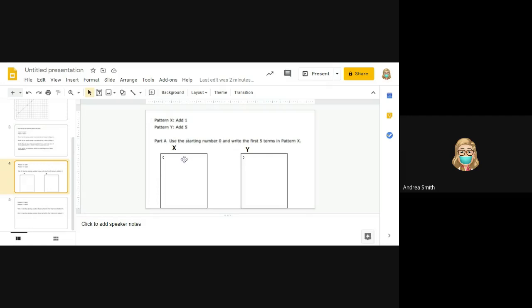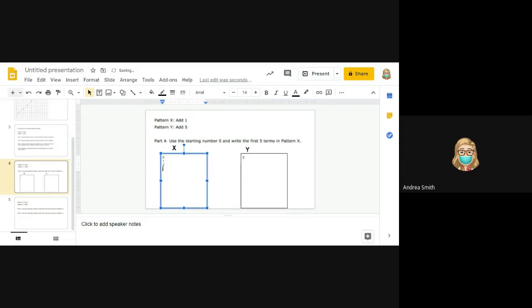Okay, here we go. Part A says we start with 0. And our pattern says add 1. 0 plus 1 is 1. Okay. Now, if we continue the pattern, we continue to add 1 with each one. 1 plus 1 is 2.